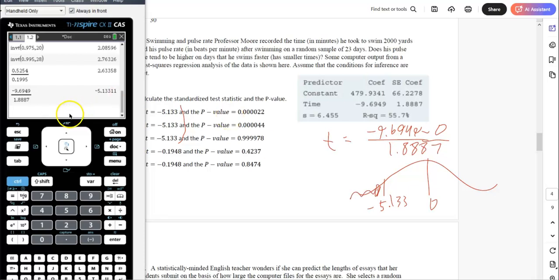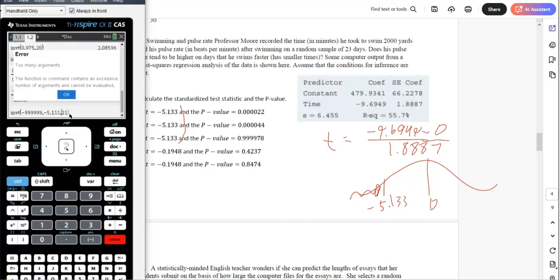So this is going to be inverse t, negative infinity, comma, negative 5.133, comma, degrees of freedom, which is 21.